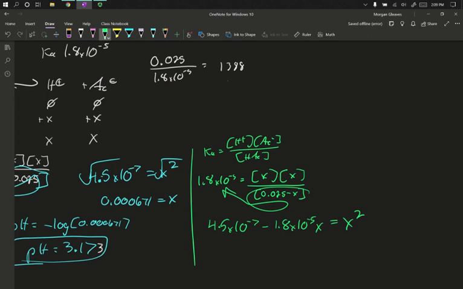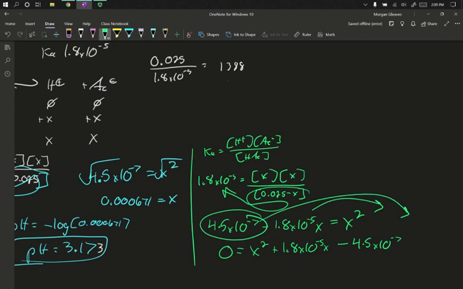So we just multiply the bottom up to the other side of the equation. Rearrange to set equal to 0. 0 equals x squared plus 1.8 times 10 to the minus 5x as we move it over to the right side, and it's going to be minus 4.5 times 10 to the minus 7 as we subtract the constant over to the other side.